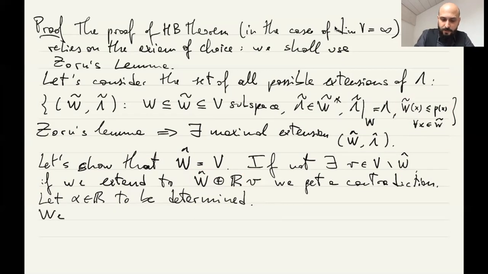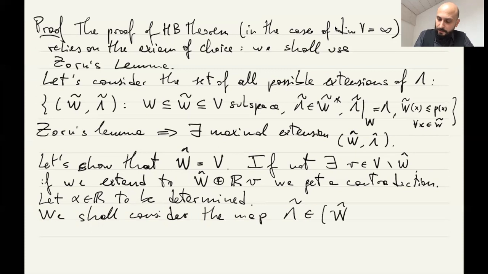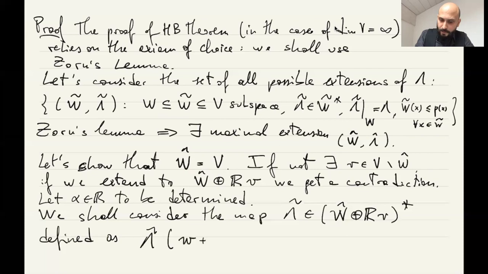We shall consider the map lambda tilde in (W hat plus Rv) star, defined as lambda tilde of w plus tv to be lambda hat of w plus t alpha.